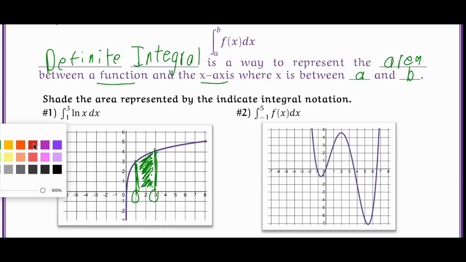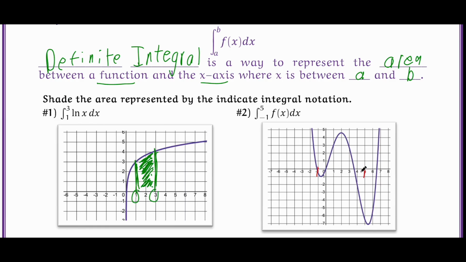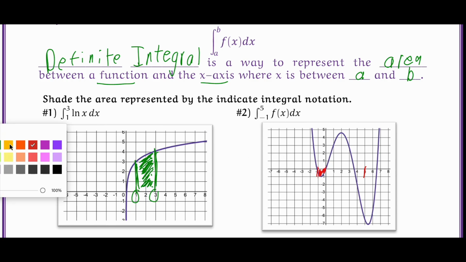Now, sometimes you have area above and below the axis. So here, if we go from -1 to 5, at first the graph is underneath the x-axis, and then it crosses over and goes above. We're going to distinguish these two areas. If it's below the axis, it's negative.